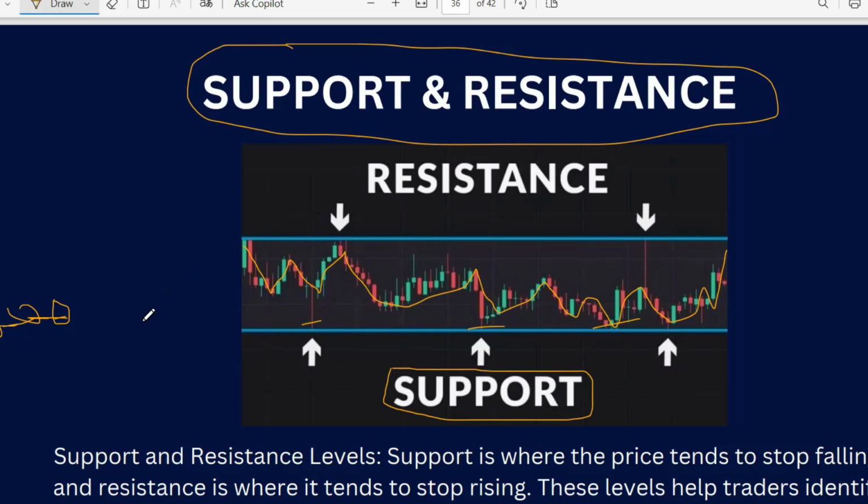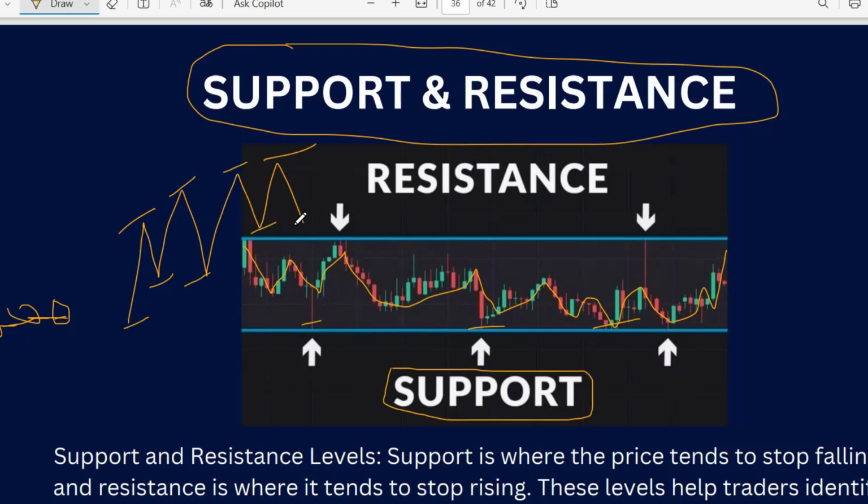So every time you see this candle going like this, coming like this, going like this, coming like this, these are support, resistance, support, resistance, support, resistance.